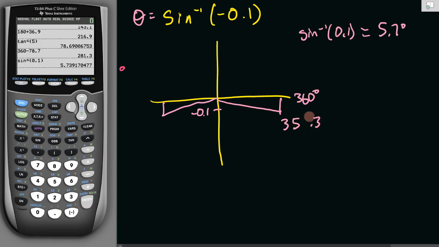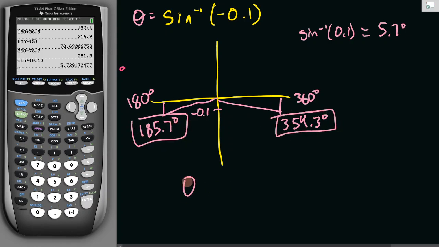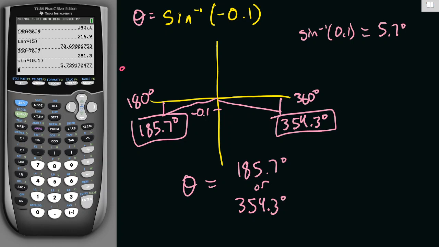Yeah, that's right. 354.3 degrees. And this is 180 plus 5.7, which is 185.7 degrees. So those are your two possible values: 185.7 or 354.3 degrees. Okay, so that's how you can do non-special triangles or non-special angles from your sine, cosine inverse.